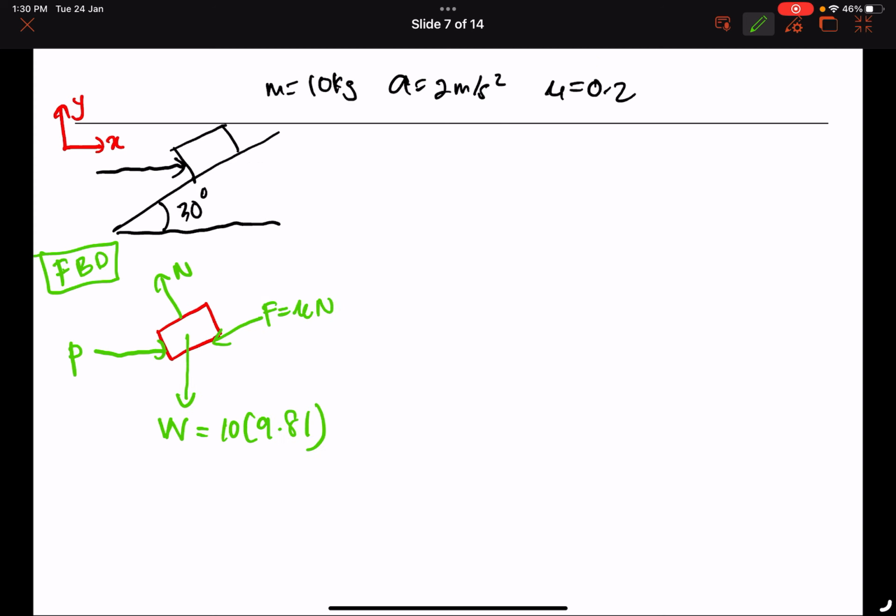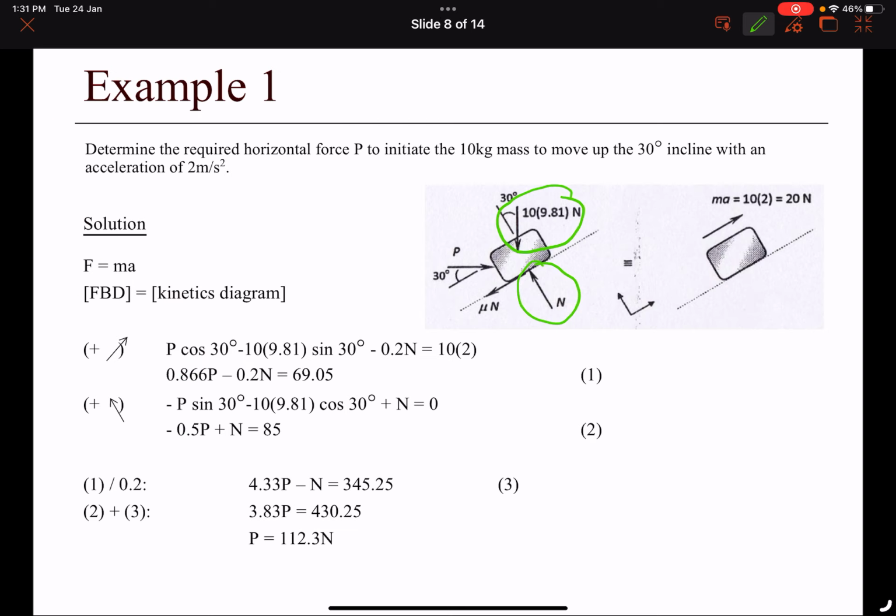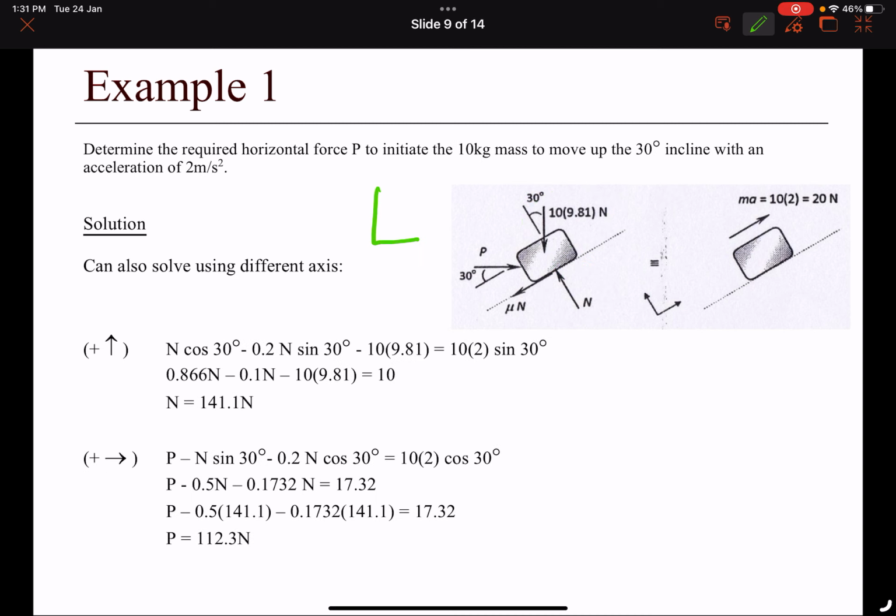You have to consider F equals ma, where F is the resultant force for X and Y, and ma will be consistent and should also follow X and Y. Let's say you want to solve the first one, which is the X analysis. I will show the definition this way first.